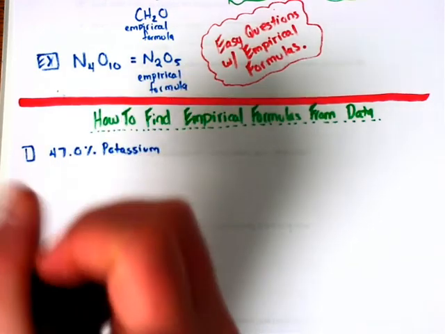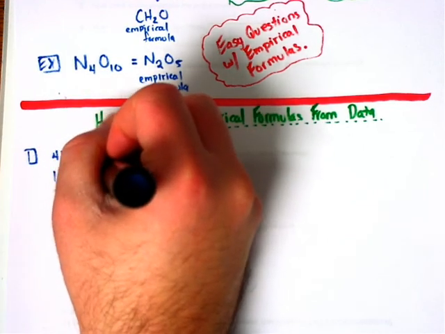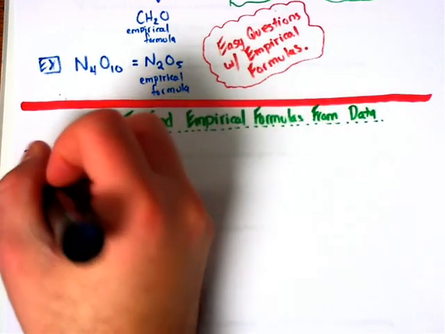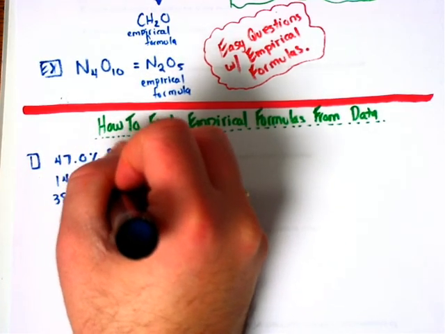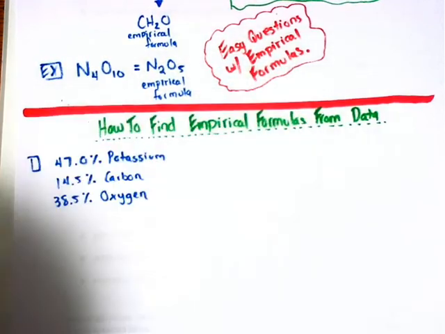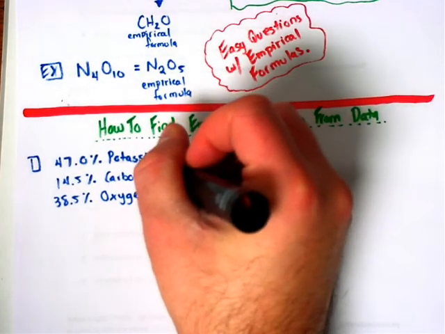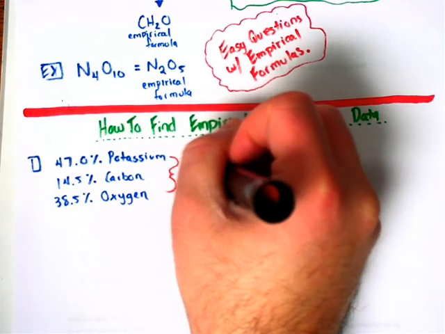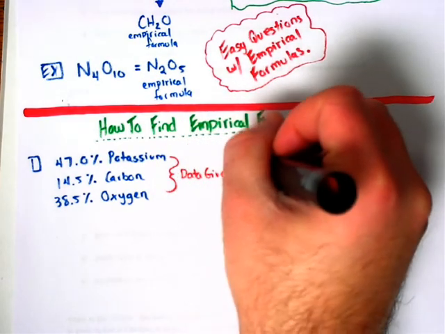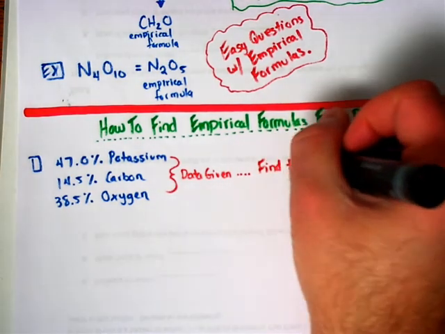The compound was also made of 14.5% carbon, and it was made of 38.5% oxygen. So let's say that that was the data that was given to you. So again, this right here represents the data given. And you were told to find the empirical formula.